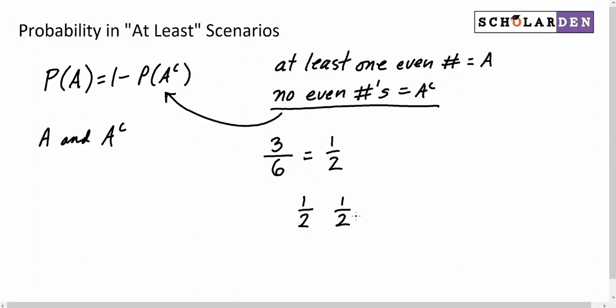And we learned that when 2 events are independent, like these are, to get the probability of both, we simply multiply the 2 probabilities. So 1/2 times 1/2 is a 1/4 chance of getting 2 odd numbers. Odd the first time, odd the second time, odd both times.